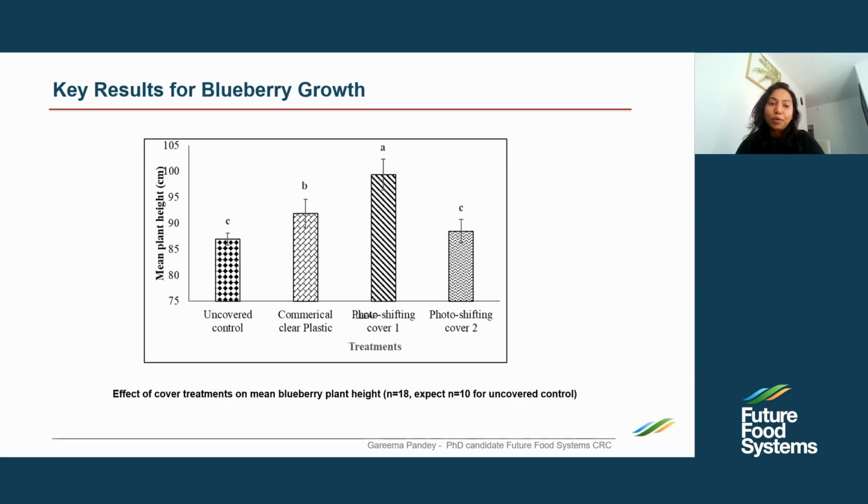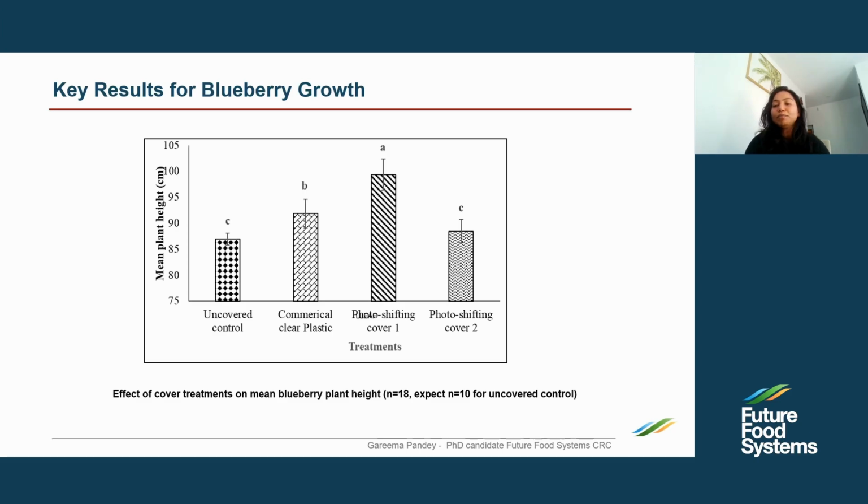In terms of plant growth, which is plant height, the same treatment that was receiving the high red wavelength also showed increased plant height. The growth parameters of the second photoselective film, which was getting more of the far red wavelength, weren't significantly different from other treatments.